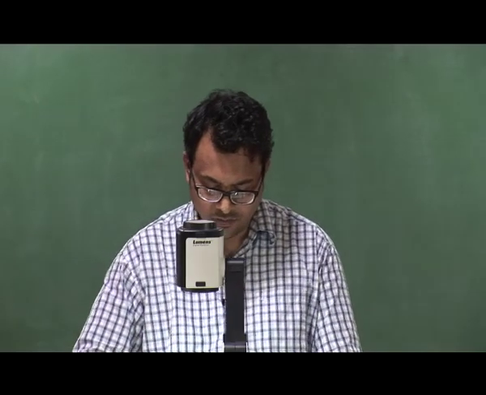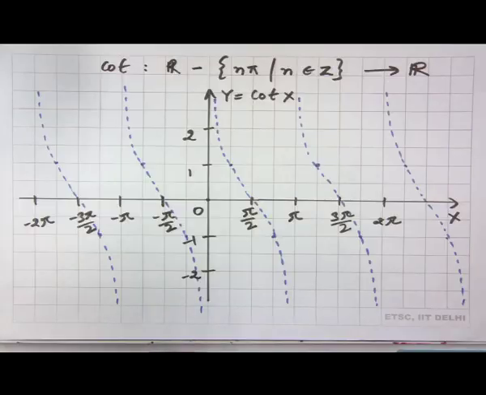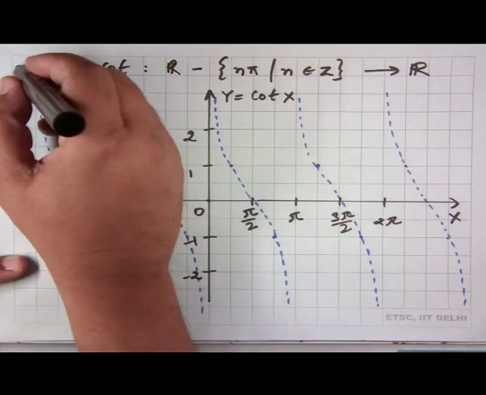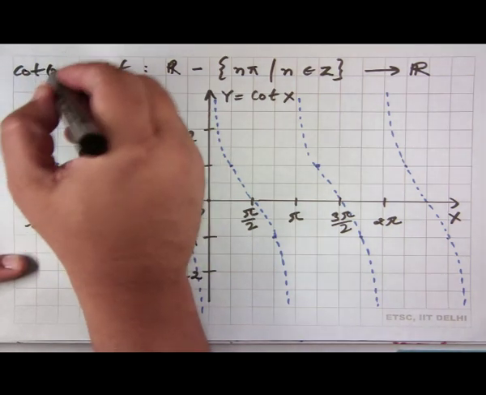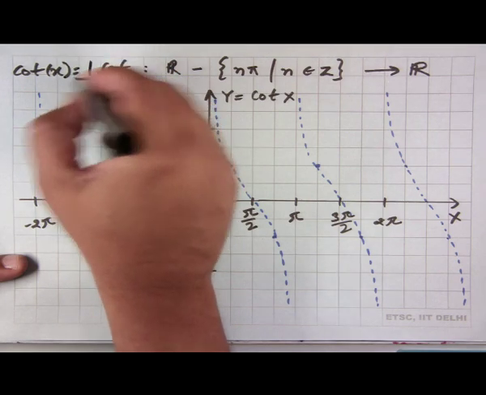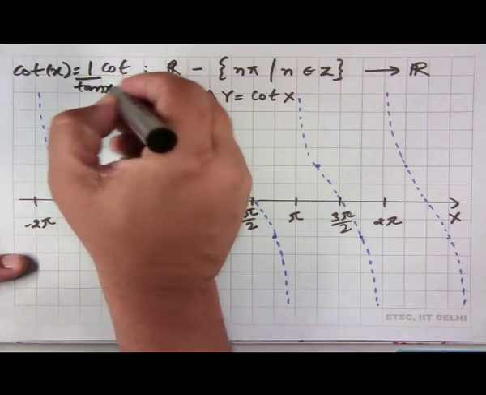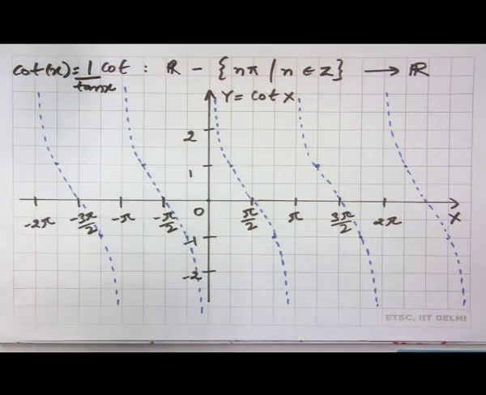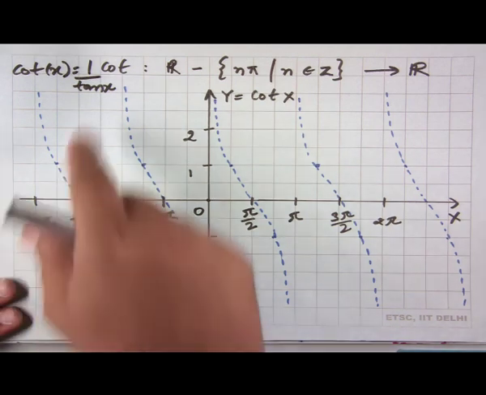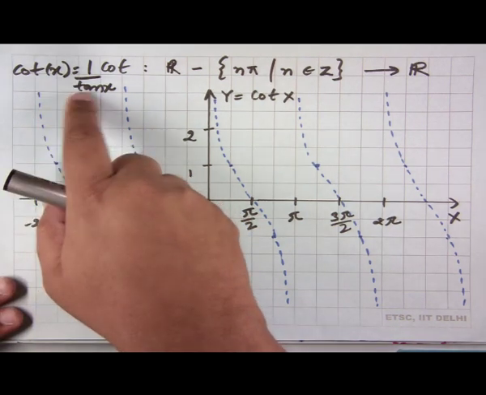Similarly, for the cotangent function that we have here, the cot x function is nothing but 1 over tan x, or we can even write it as cos x over sin x.